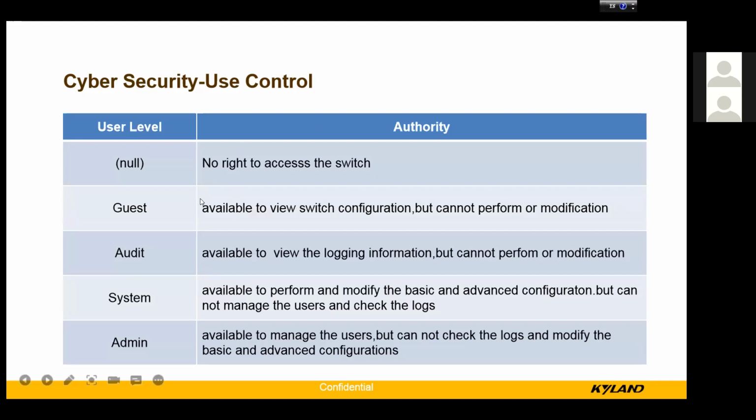You can see here, we can set different privileges for different users, such as I'm an on-site engineer and I will be at the administration level. And the customers will only be set at guest level, and they cannot modify the configurations and cannot perform other operations.